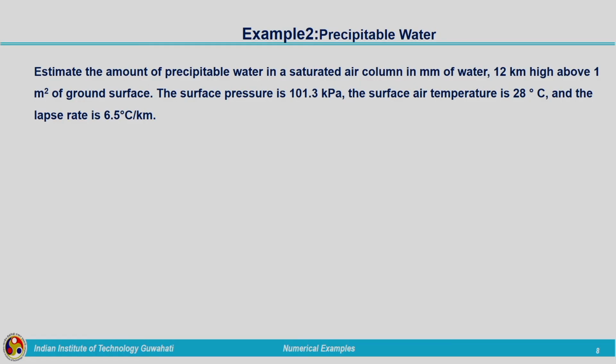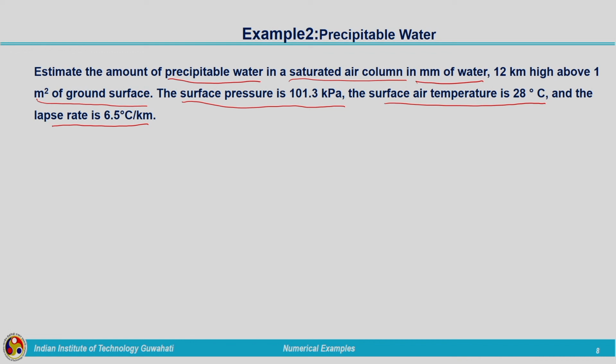The question is: estimate the amount of precipitable water in a saturated air column, in millimeters of water, 12 km high above 1 meter square of ground surface. The surface pressure is 101.3 kilopascal. The surface air temperature is 28 degrees Celsius and the lapse rate is 6.5 degrees Celsius per kilometer.